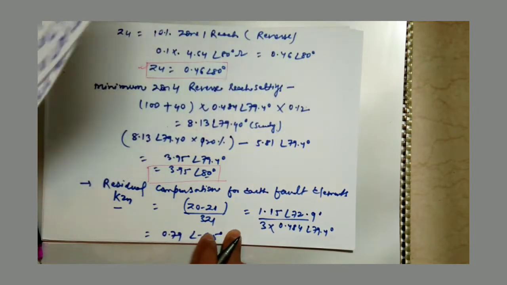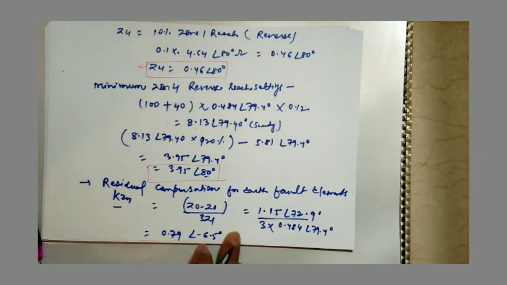That is the compensation factor, which is used in the relay parameters. When you go through the relay parameters, you will have a compensation factor. You can calculate the compensation factor from here. Please go through the relay manuals or relay setting parameters.